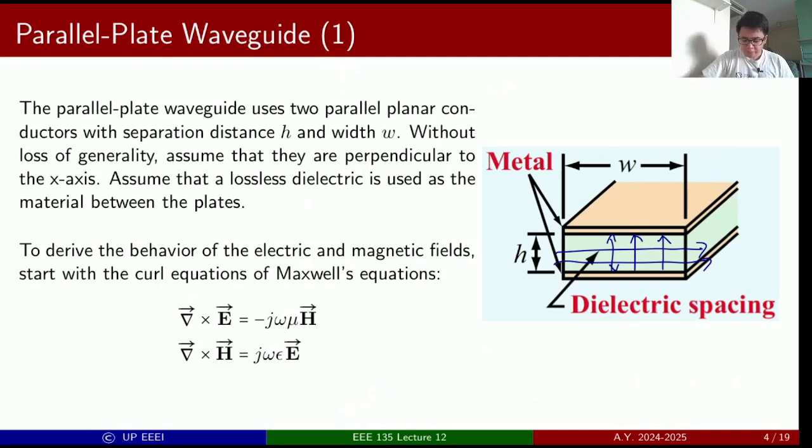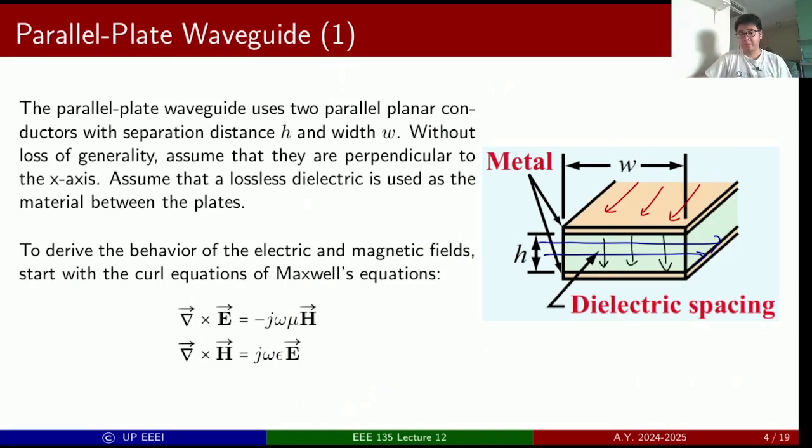If you have a sheet current that is in this direction, you're producing a magnetic field that is in this direction within your dielectric spacing. And if that is the direction of your magnetic field, then your electric field also has some direction that is aligned with this. So it looks something like this, going down.